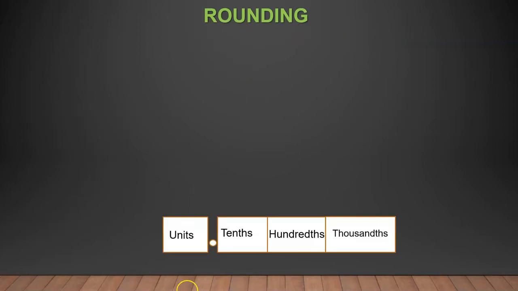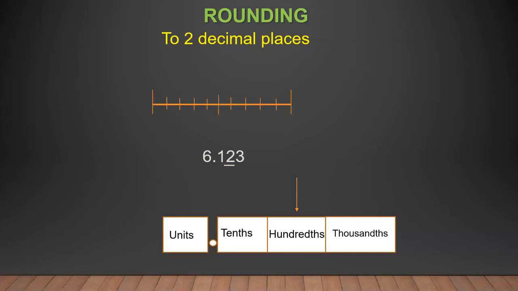And let's go to the next topic, which is rounding to two decimal places. So that's the hundredths place. So let's have 6.123. 2 is on the second decimal place, which is the hundredths place, followed by 3. So let's see whether we're going to round that up to 6.12 or 6.13. 6.125 is in the middle, and 6.123 is over there, which is nearer to 6.12.